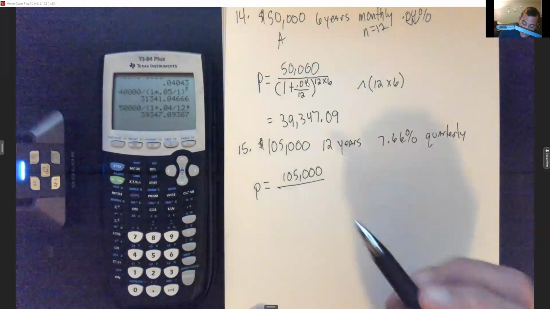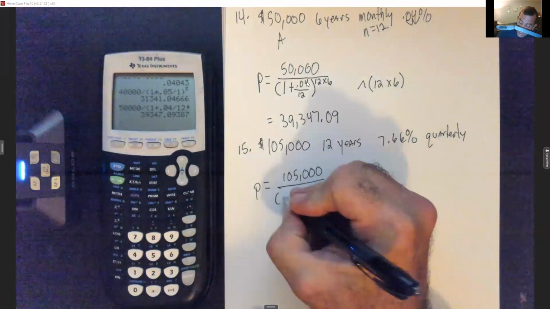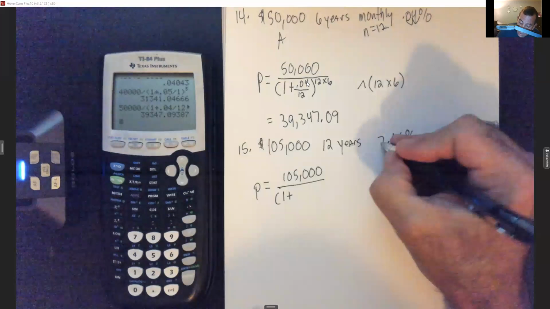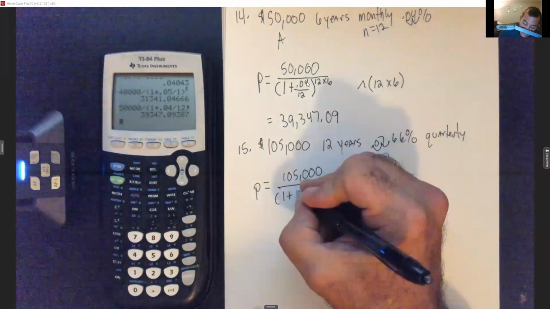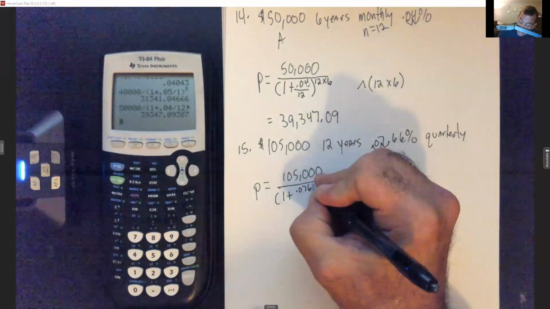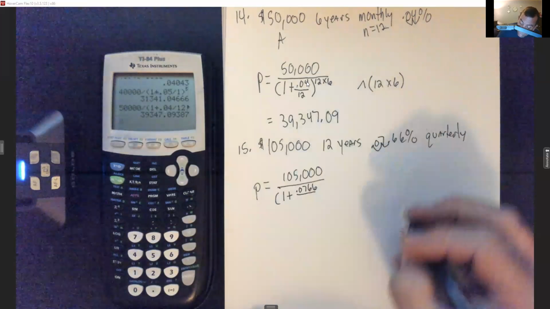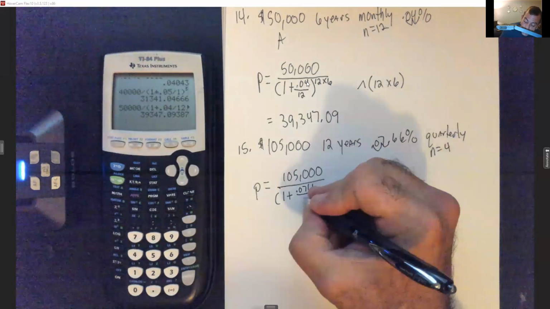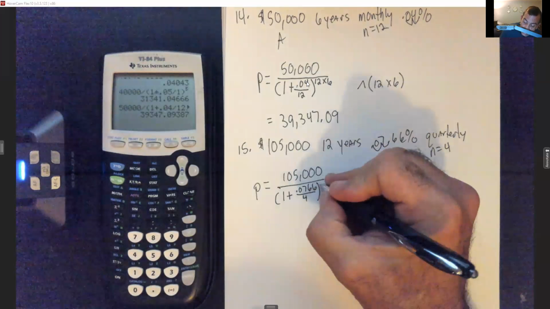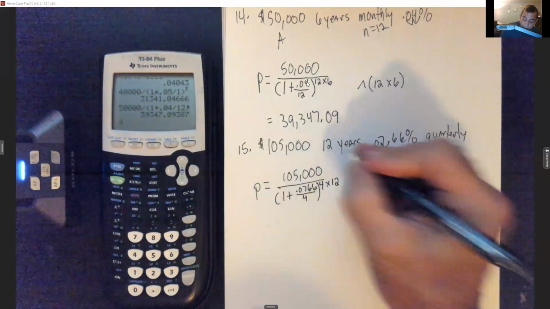So let's divide that by 1 plus 0.0766 divided by n, which was quarterly, which was 4, all raised to the exponent 4 times y, which is 12.